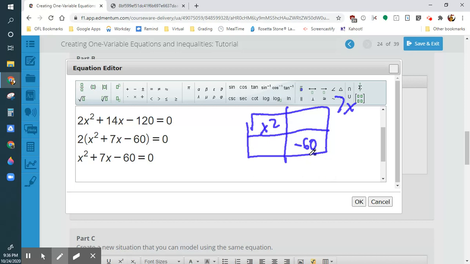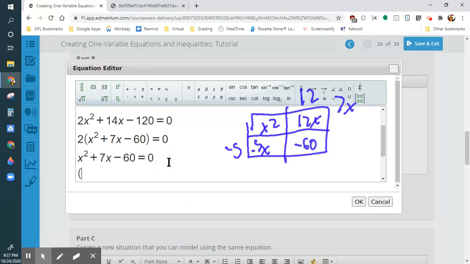So I'm going to try something like 12 minus 5. So if I multiply those, I get negative 60, but if I add them, more importantly, 12 take away this 5 gives me the 7. So that works out.